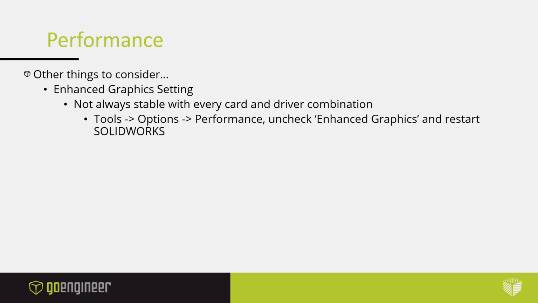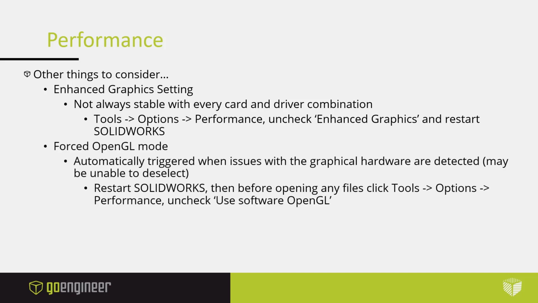Maybe you're seeing some weird issues with the colors in the display area, something like that. That might be a quick solution. The program, SOLIDWORKS, might automatically be forcing into OpenGL mode if it's detecting some severe issues with your graphical hardware, or maybe you're missing dedicated graphical hardware altogether and you're just running maybe an Intel integrated GPU on your motherboard.